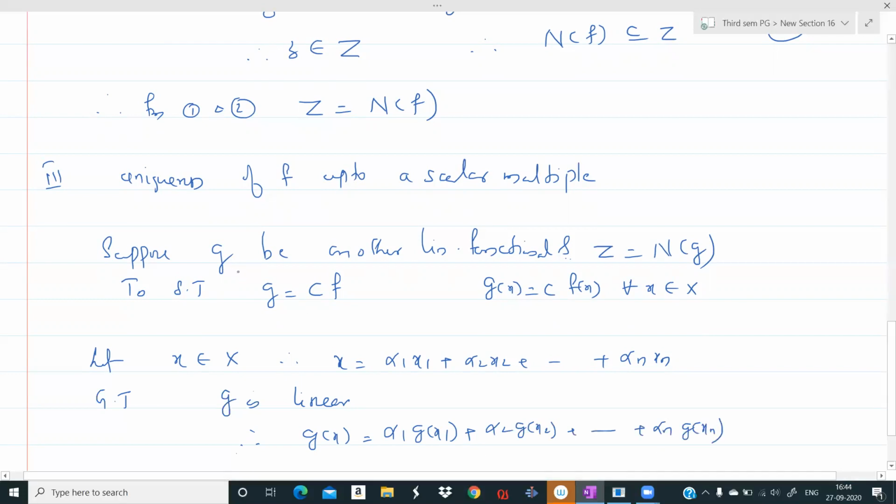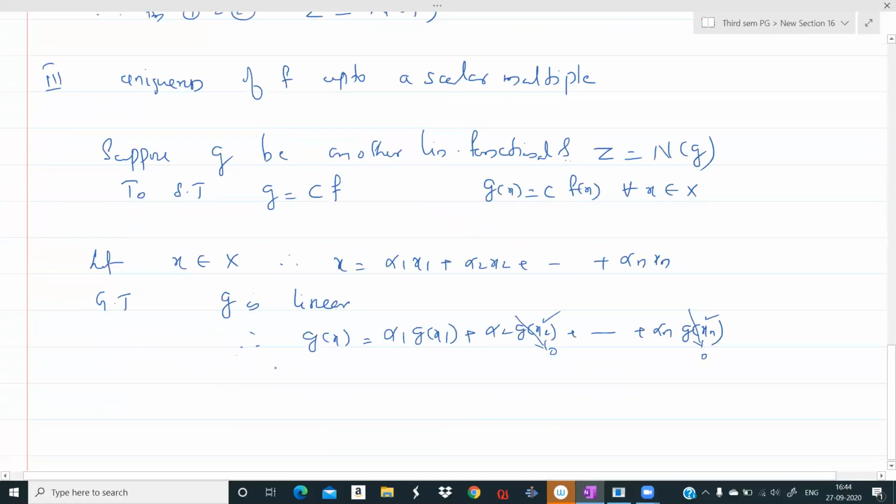Now, it is further given that Z is the null space of G. So G will map all the elements in Z to 0. The elements of the basis of Z are x2, x3, etc., xn. So all these terms are zeros. So what remains is alpha 1 gx1. And what is G?